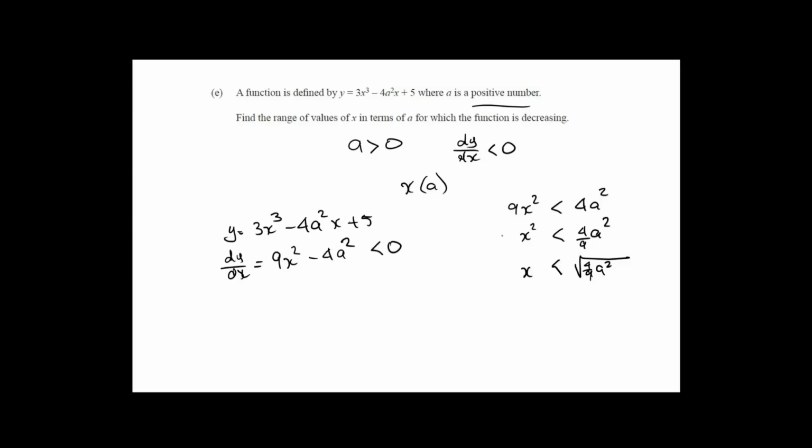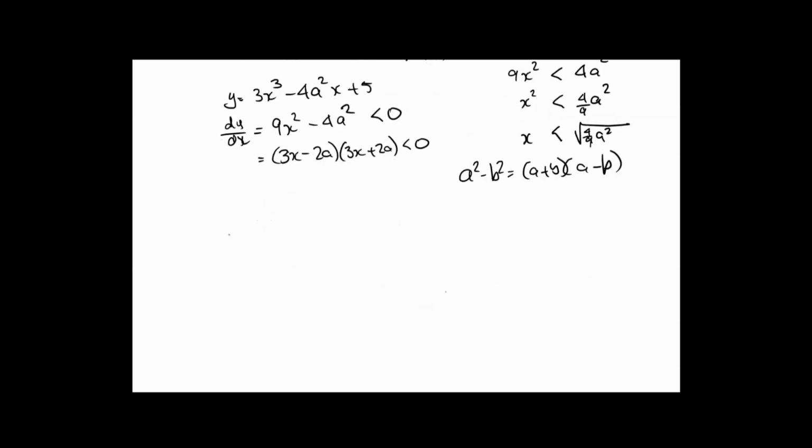two squares. Remember, when we have a squared minus b squared, we can factorize that as a plus b, a minus b. So this is going to be 3x minus 2a, 3x plus 2a, and both those multiplied must be greater than 0.